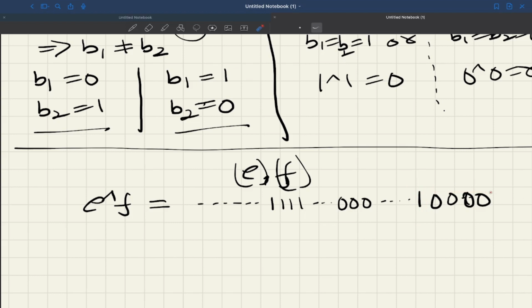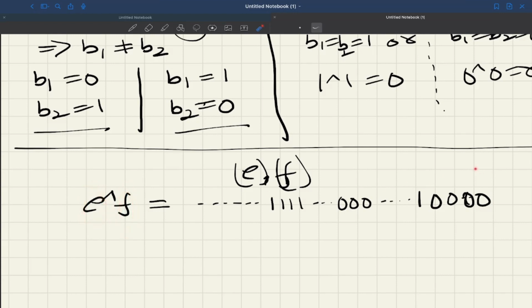Now its rightmost bit is 0. And how will you get this rightmost bit 0? When the rightmost bit of E and the rightmost bit of F are the same, right?